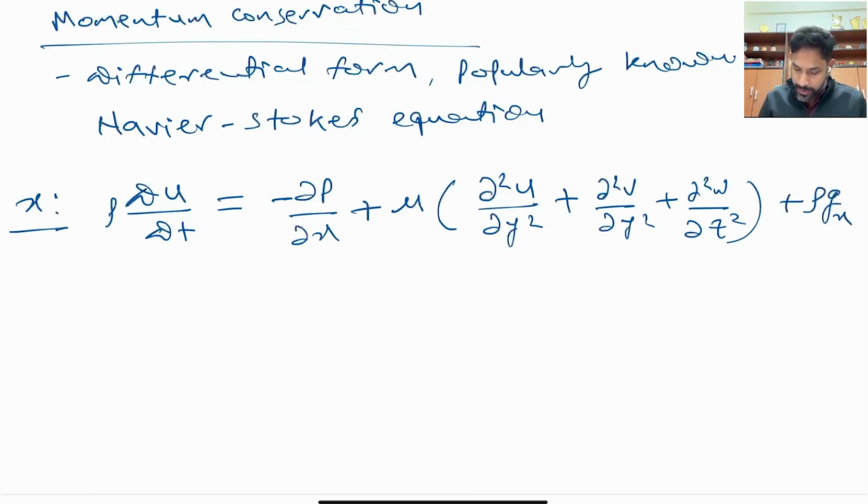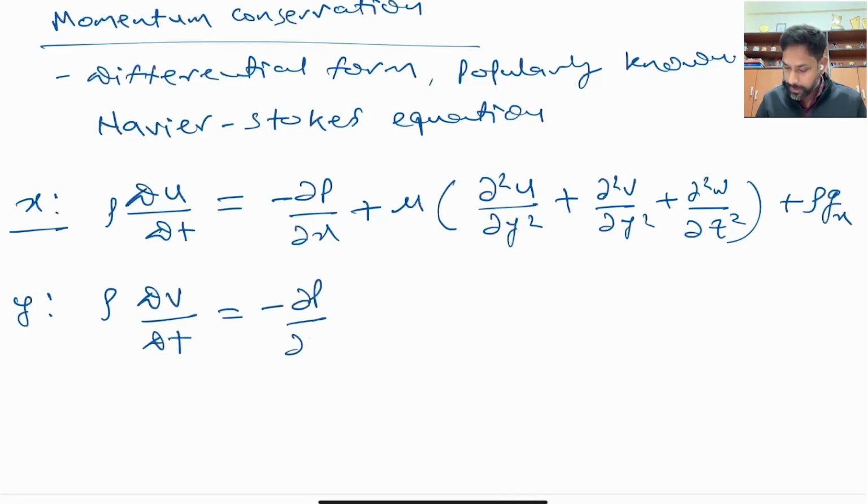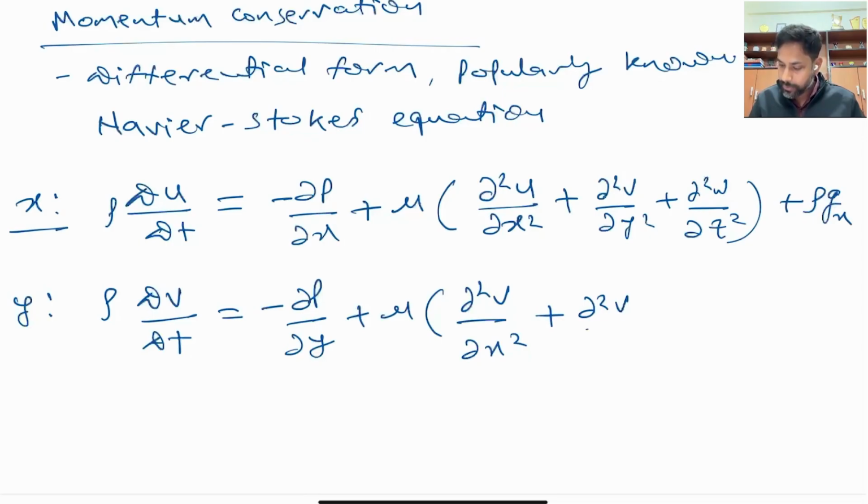And in case of the y direction, the same can be written as D v by dt is equal to minus dp by dy plus mu times d square v by dx square plus d square v by dy square plus d square v by dz square plus rho gy.